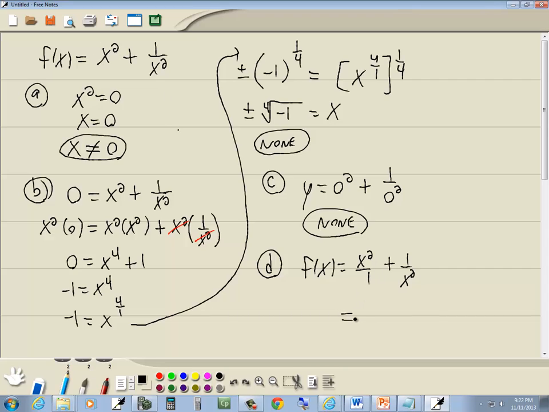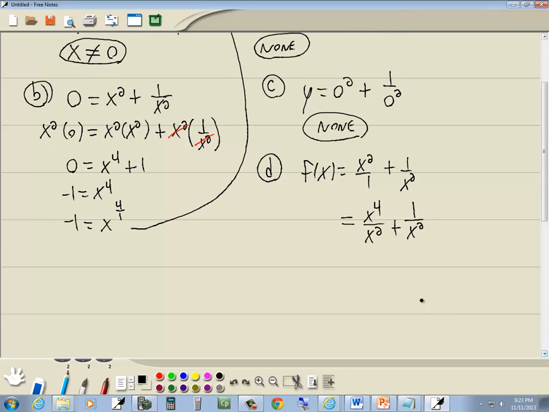Now I want to get a common denominator. Our common denominator, multiply these two together, would be x squared. Now our second fraction already has it. The first one, we multiply the bottom by x squared, so we have to multiply the top part by x squared. And that gives us x to the 4th. So that gives us x to the 4th plus 1 over x squared.